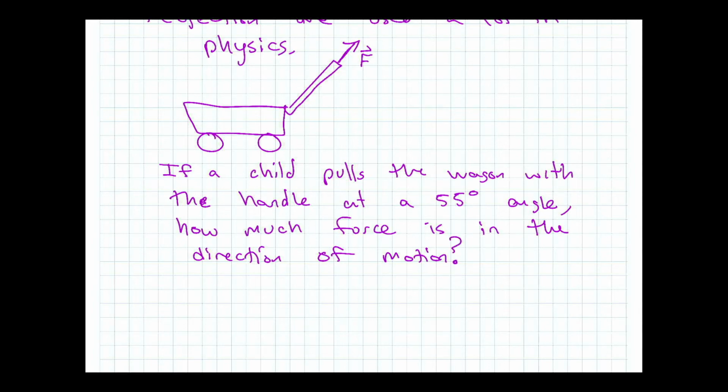Presumably the idea is that the wagon is going this way, but I don't want to draw it there. Let's draw it here. That makes more sense, right? That's supposed to be horizontal, so I'm going to try it again.